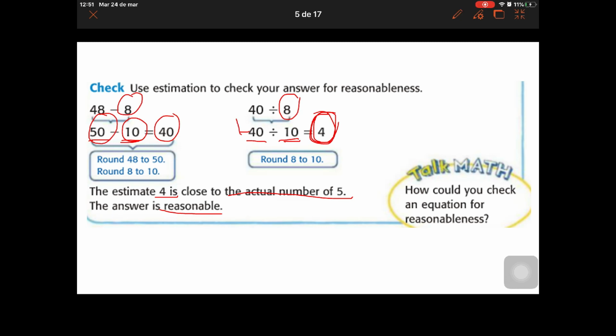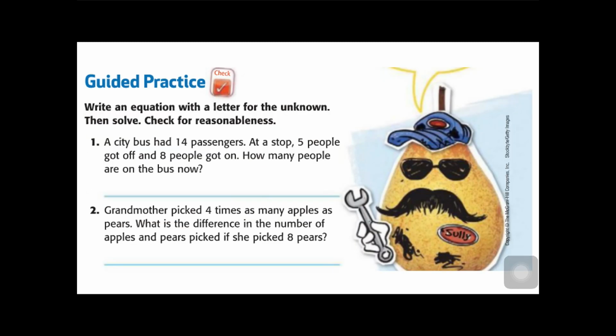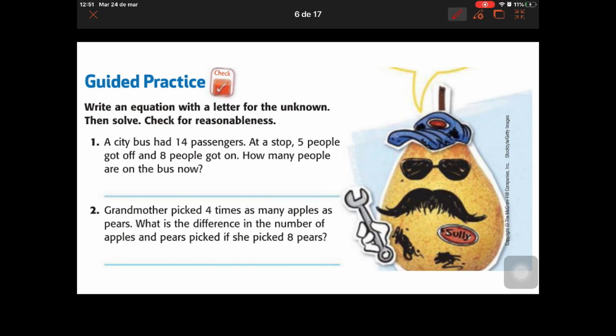Very good. Let's go. Now, guided practice. Write an equation with a letter for the unknown and then solve, and then check for reasonableness. Let's see if the answer we have is correct. A city bus had 14 passengers. We have 14 passengers over here.